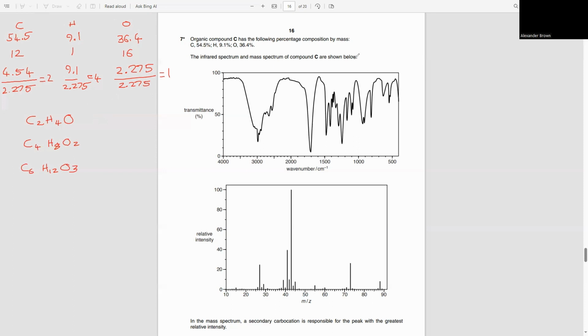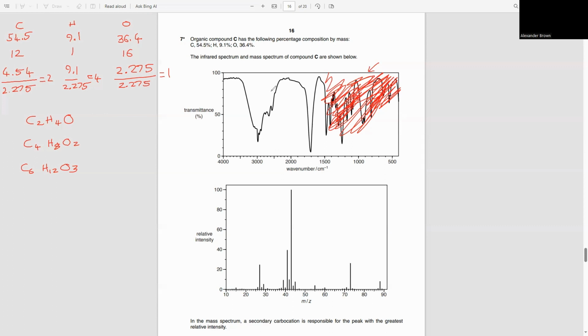The next piece of data we're given is the infrared spectrum of compound C, which is this top spectrum here. The infrared spectrum generally has two parts. You've got what we call the fingerprint region, which we can just cross out because we do not need this information.